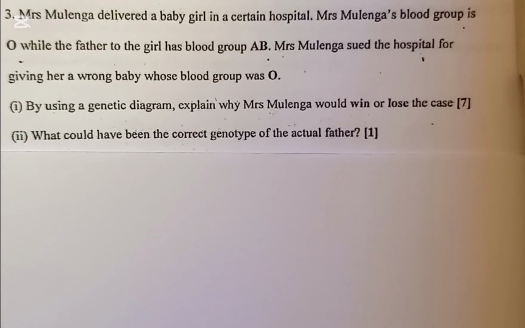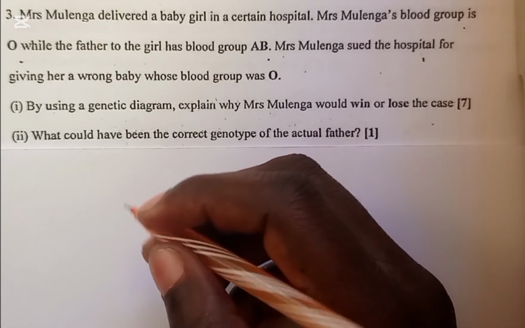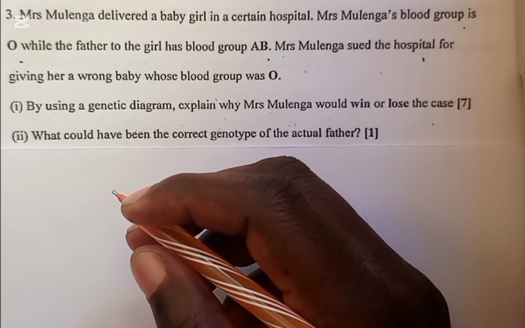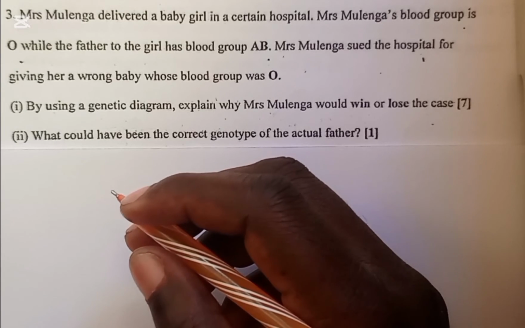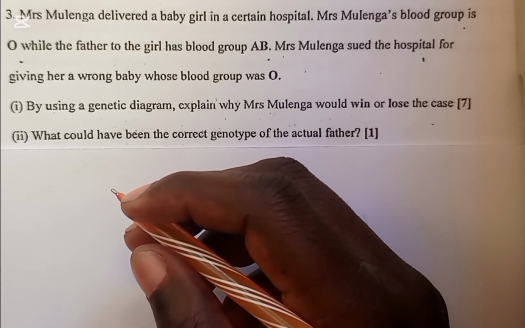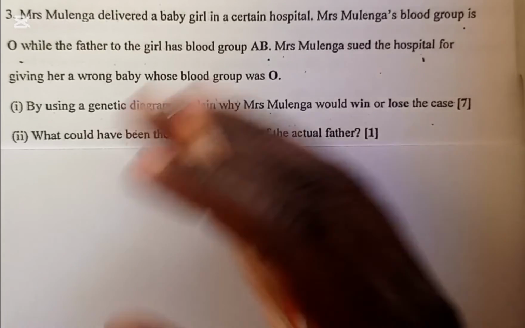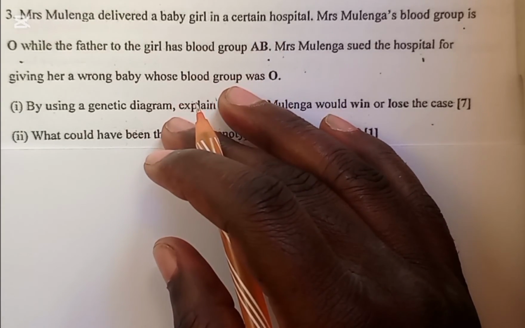Now remember, I did mention to you in the previous videos that whenever you're dealing with genetic questions, it's better you start with parents. Then from parents, you come to genotypes. Before genotype, we need to look at phenotype, genotype, gametes, and then finally, we now look at the genetic process.